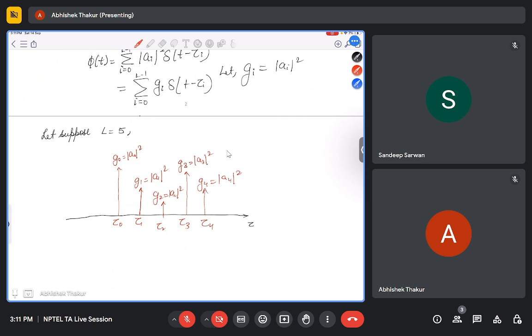So for L equal to 5, this is the power profile of the multipath channel.